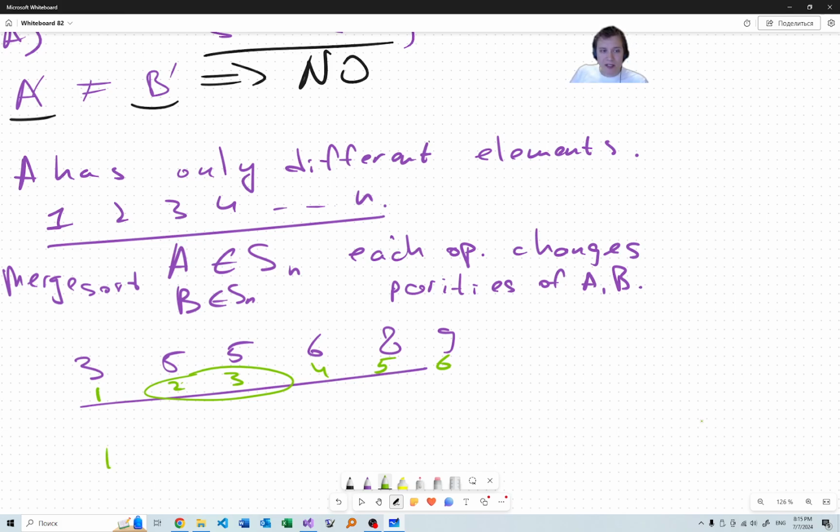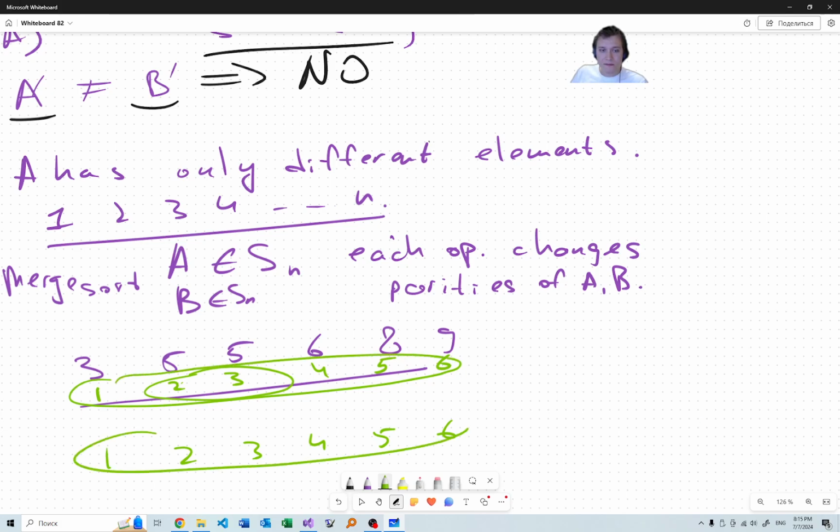So if in the end we have 1, 2, 3, 4, 5, 6 in both of them, with the same labels, then actually both of them are the same arrays, because 2 and 3 are both the number 5.